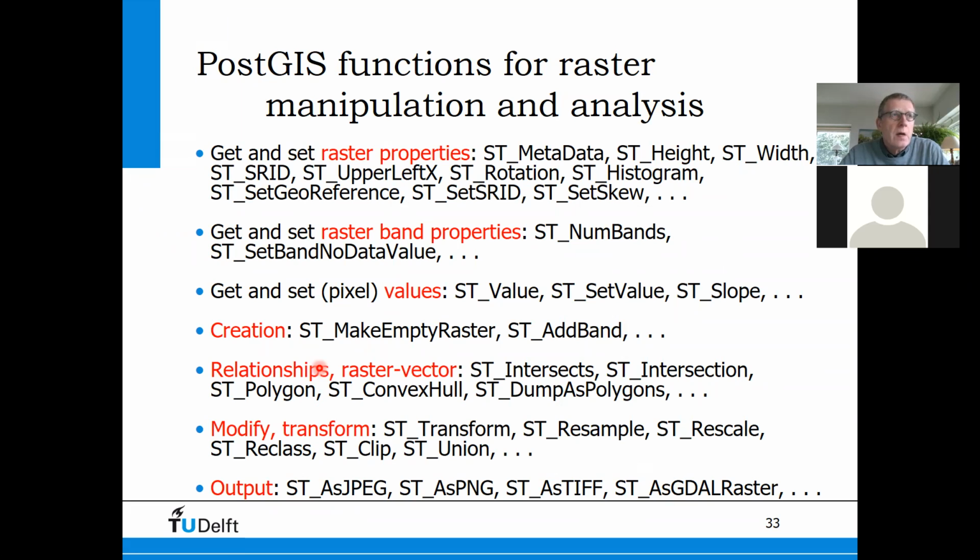Okay, claimed many times, but the rich functionality in PostGIS raster. And it's a bit abstract if you just say there are a lot of functions. So here is a list of functions in a number of different categories. Functions to set or to get raster properties, like set the metadata description, set the height and the width, or get the height and the width.